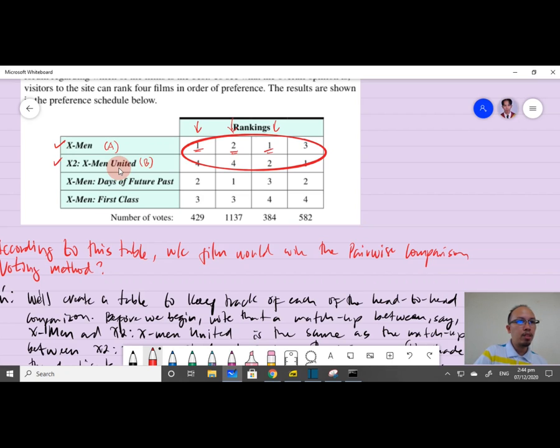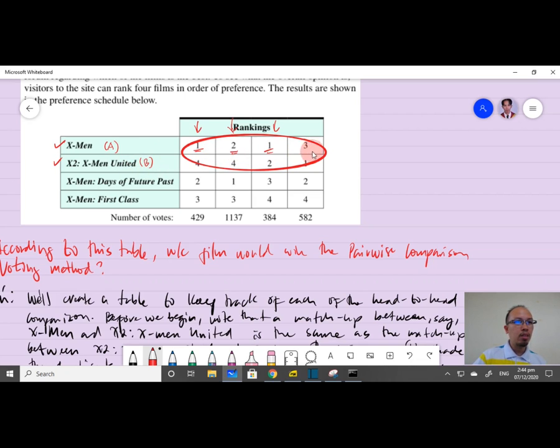But for this last column here, X2 X-Men, letter B is favored over A. Remember 1 4, 2 4, 1 2, so A is favored over B in this scenario.